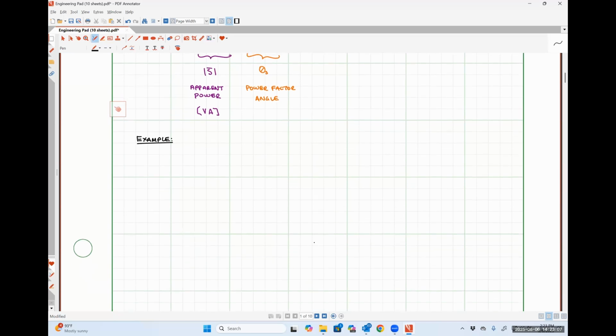Let's say that I have the following circuit, and it's already given to you in the RMS phasor domain. Let's say this is 120 angle 0 degrees volts RMS.